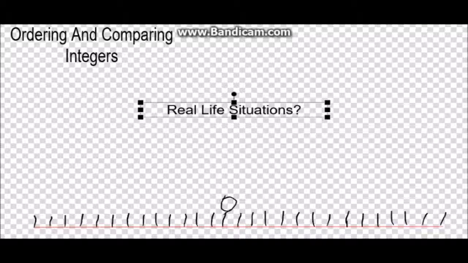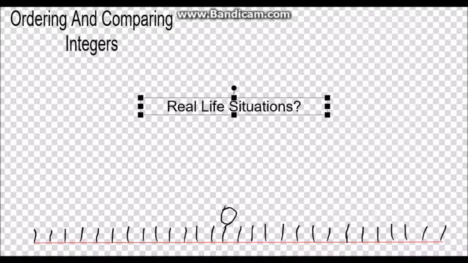Alright, so the big question is, why would you use this in real life? Well, let's just say you're a scorekeeper for golf, and you want to figure out who won the whole tournament. You pretty much have to know what everyone got and who was the best and who was the worst at the game. You'd have to know how to order if you want to become a scorekeeper.